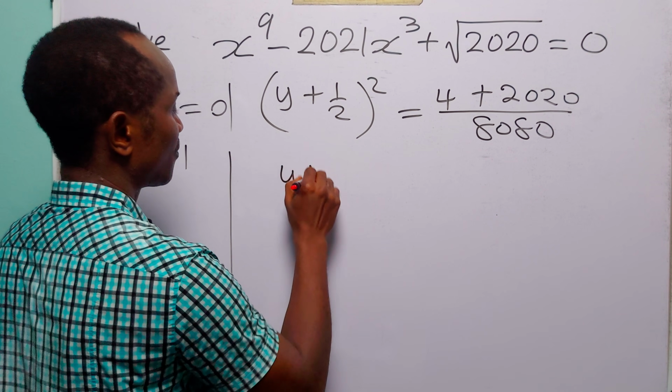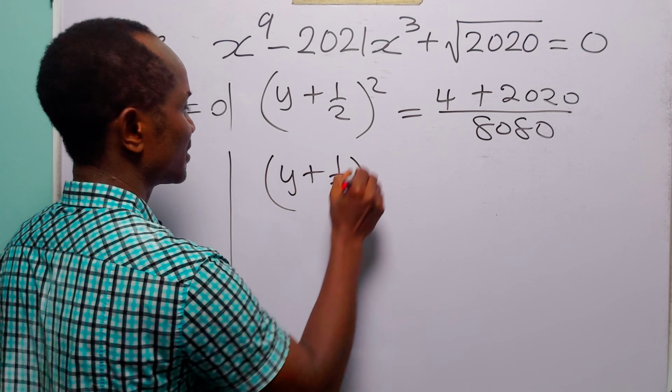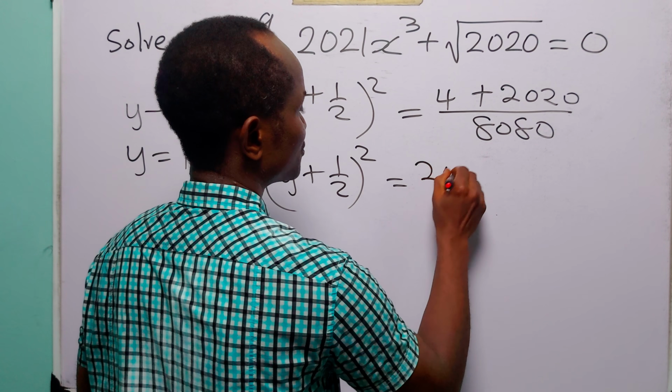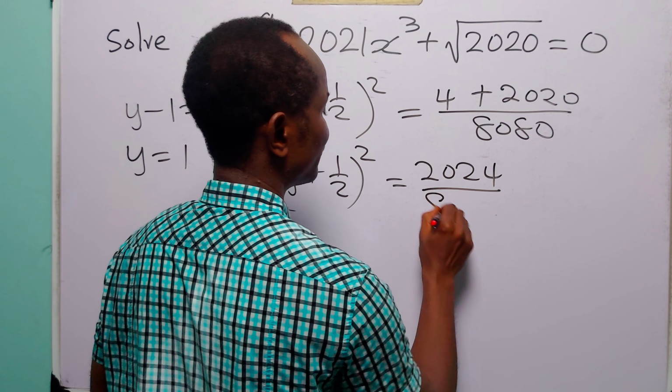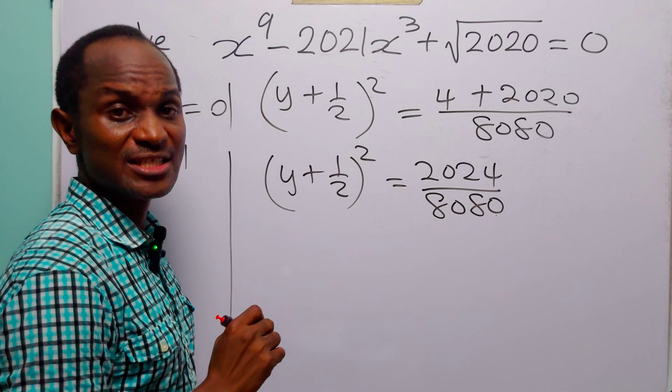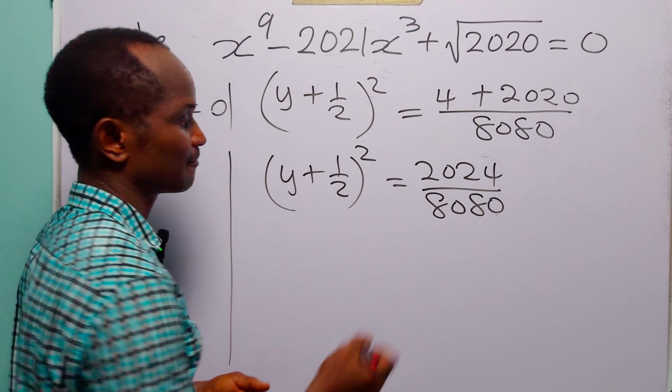We have (y plus 1/2) squared is equal to 24 divided by 80. Now we can reduce this fraction to its lowest terms.